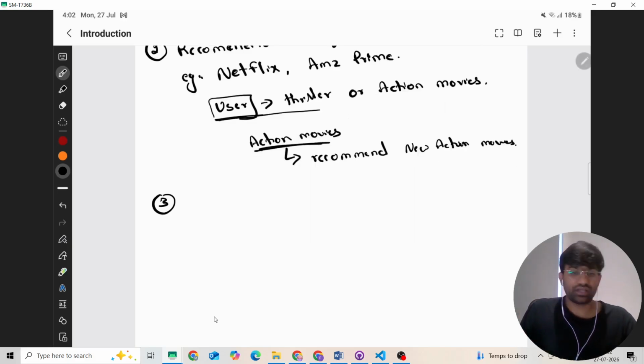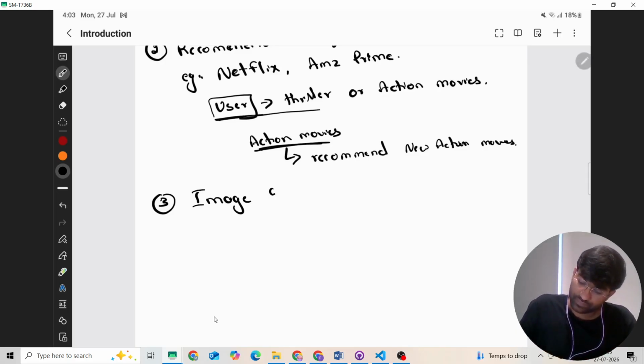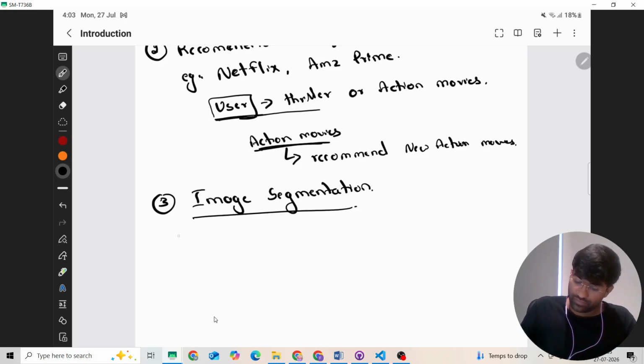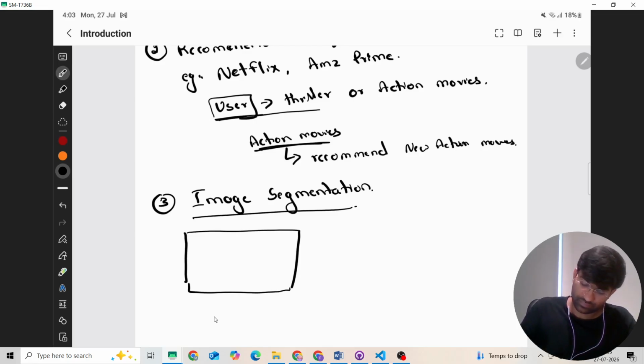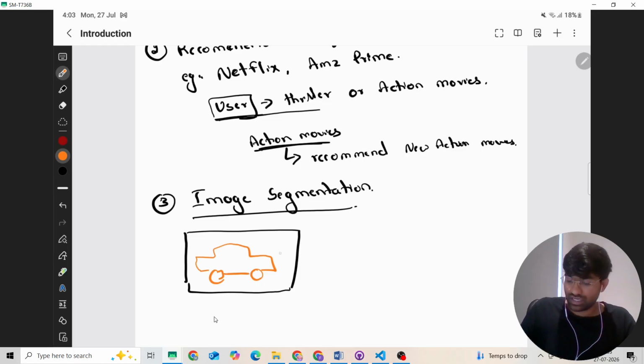The third example I can give is image segmentation. If you consider this as an image, you have a car image here. There is a car in the image.